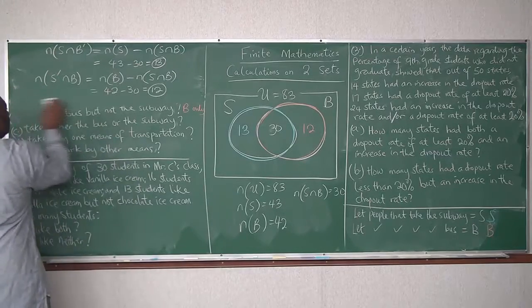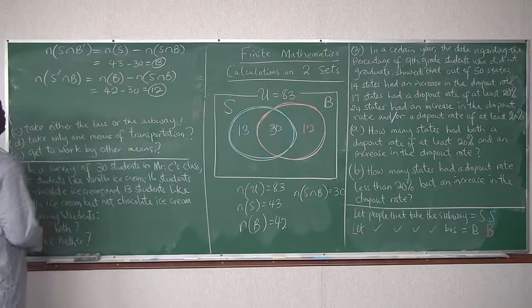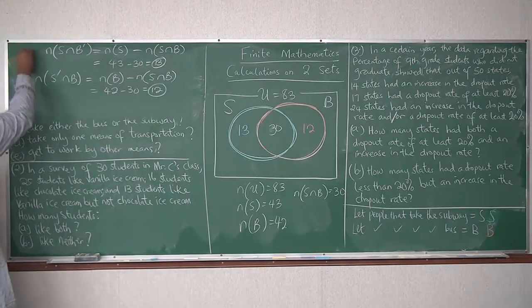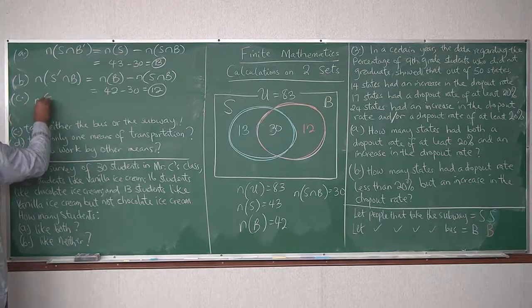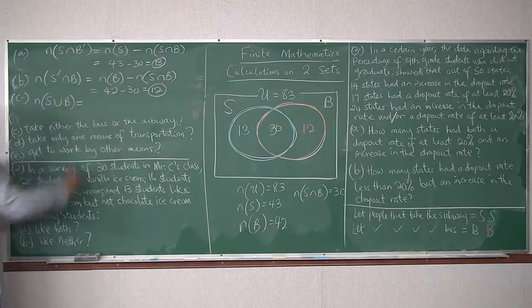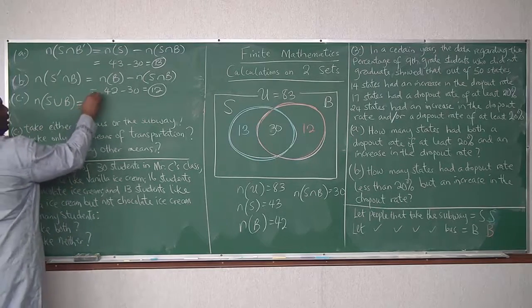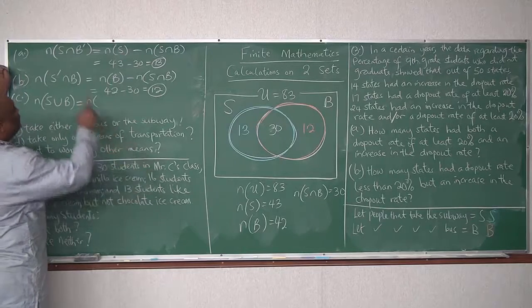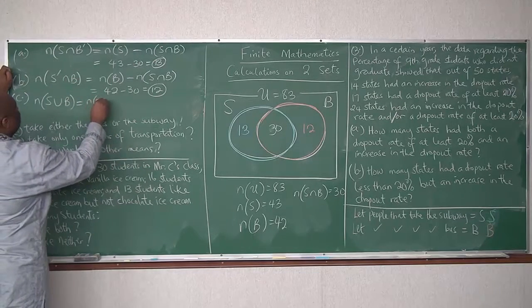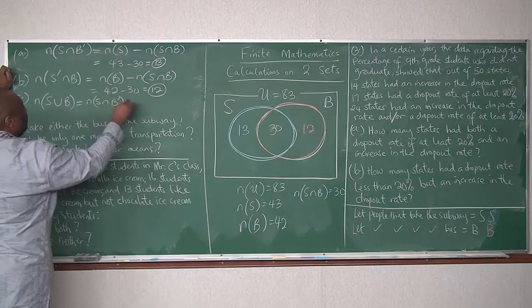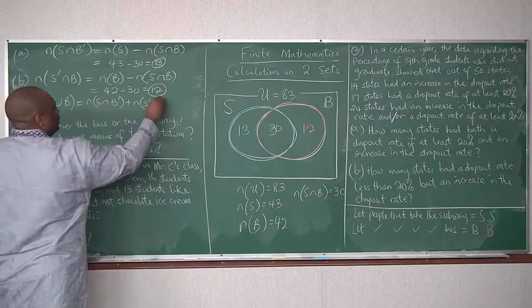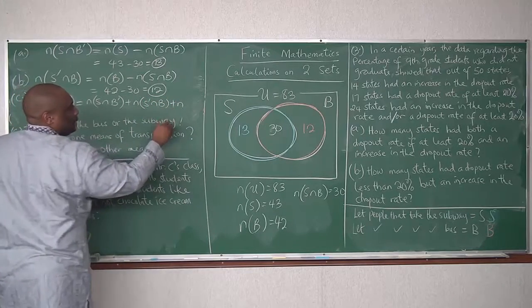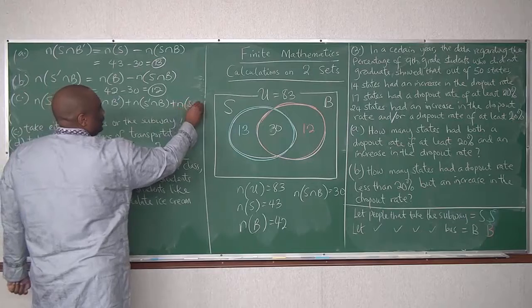So C means cardinality of subway union bus. So that is what? Cardinality of subway only, plus bus only, plus subway intersect bus.